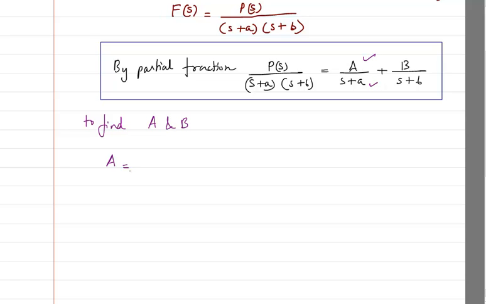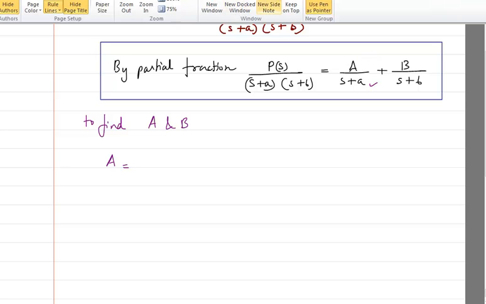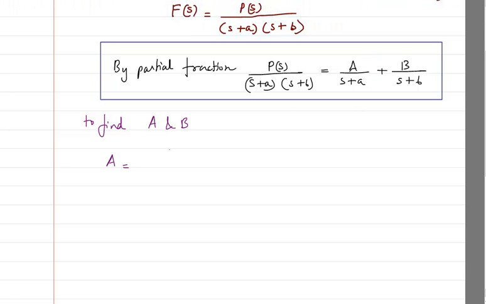So for finding A, you use this s plus a: you multiply s plus a with the function F(s). F(s) is this one itself, so you multiply whatever is there with F(s).